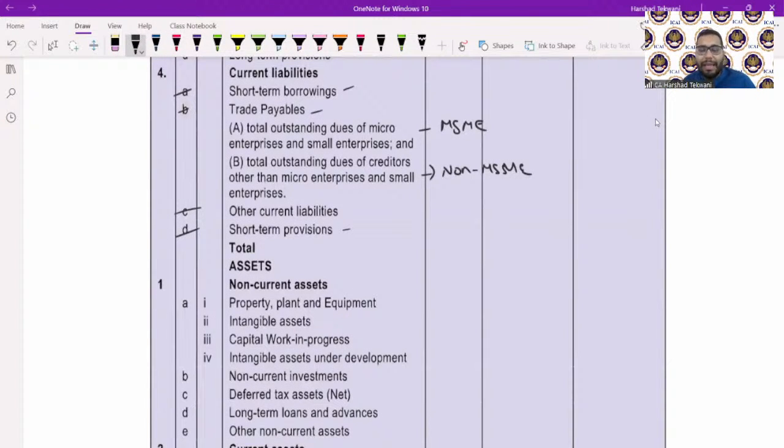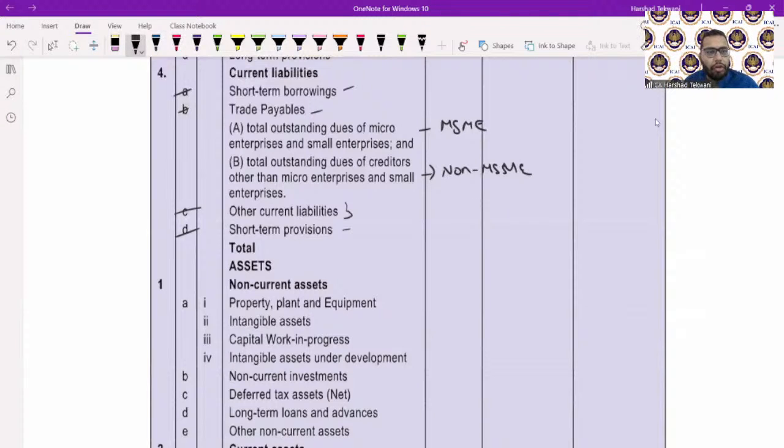Now, anything which is neither a borrowing nor a payable nor a provision will fall under the head of other current liabilities in the case of short-term. So remember three things. Either it can be a borrowing, so we have a separate head for borrowings. Either it is a payable, we have a separate head for payables. Either it is a provision, we have a separate head for provisions.